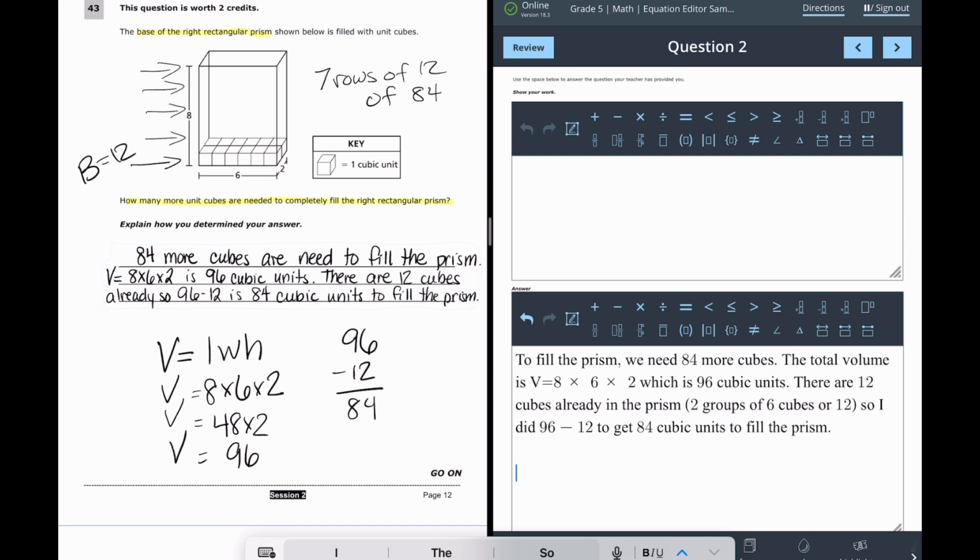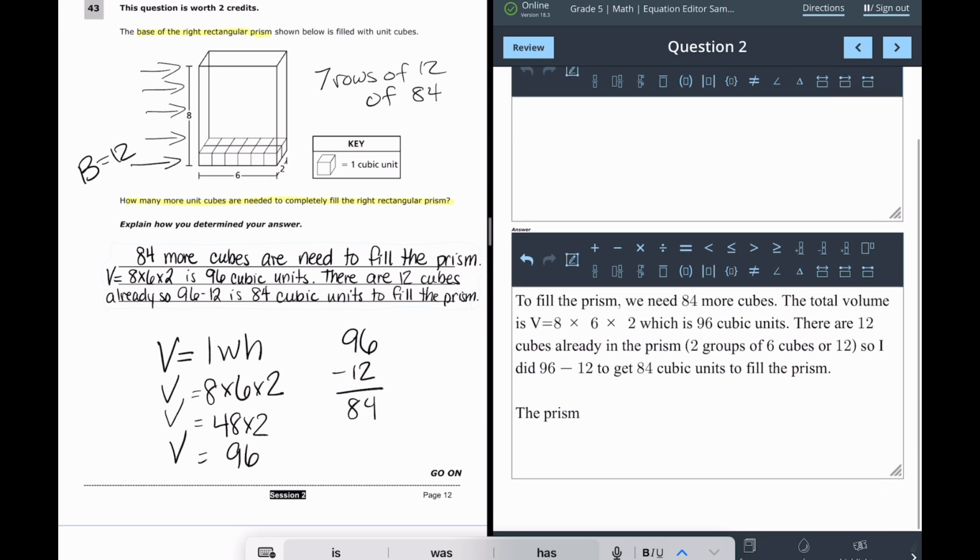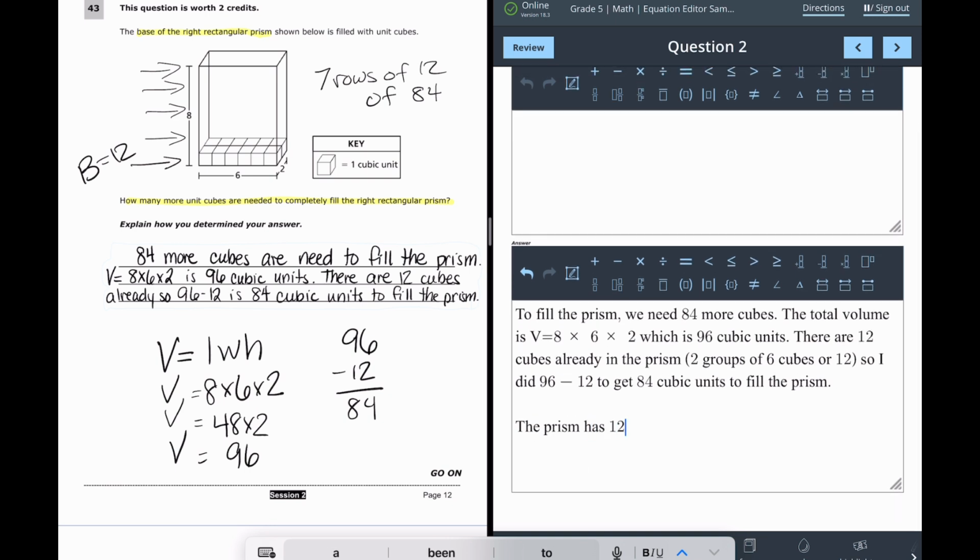Another way we could have said it was the prism, and I'm giving just another answer, the prism has 12 cubes at the base. The height is 8 units, so you need 7 more groups of 12 or 84.